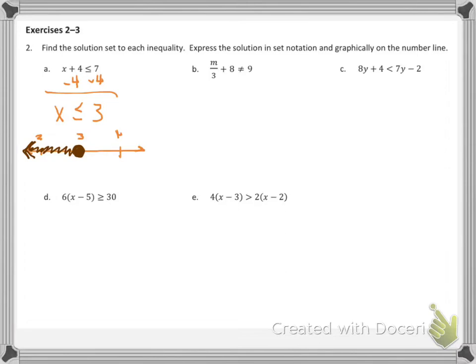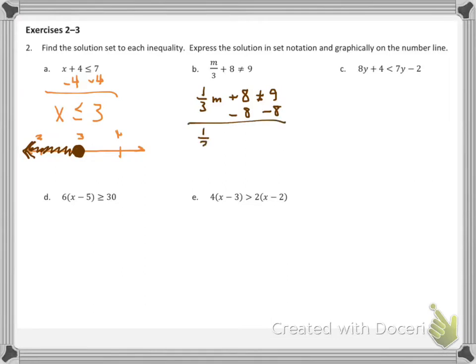I can rewrite this m over 3. I want to rewrite that as 1/3 m. I want that to be a coefficient multiplied with m. And then I'm going to just find the answer. Okay, so subtract 8 from both sides.